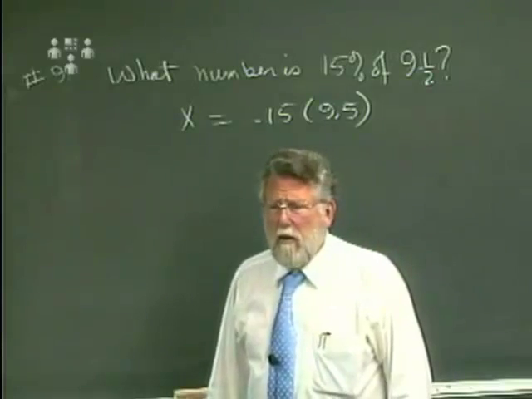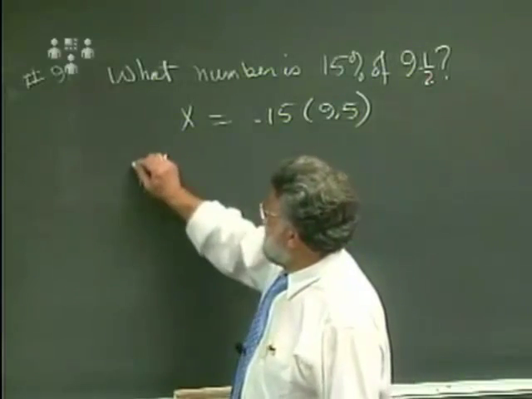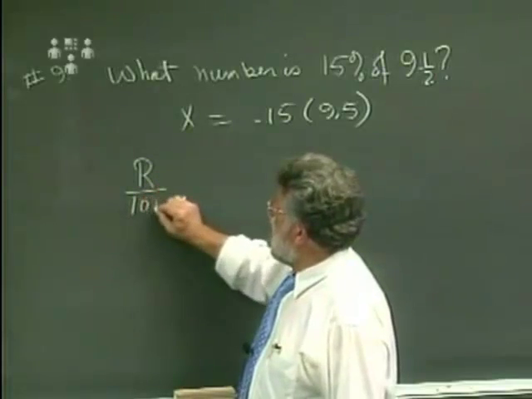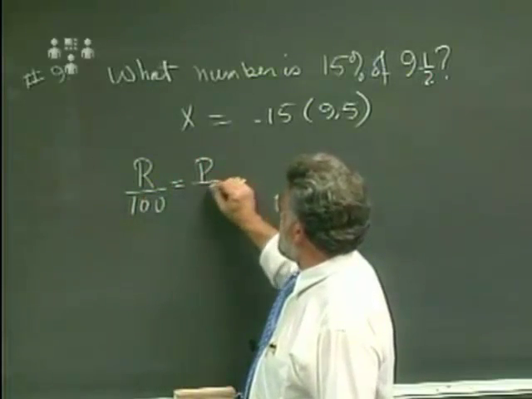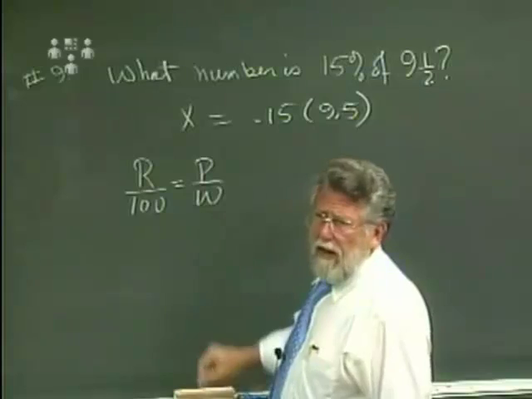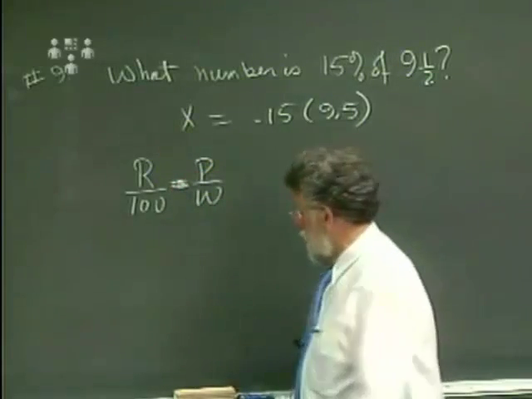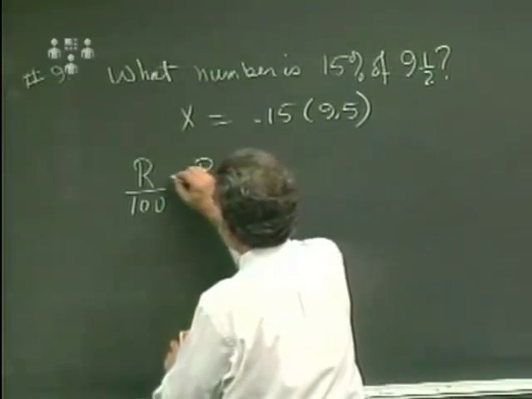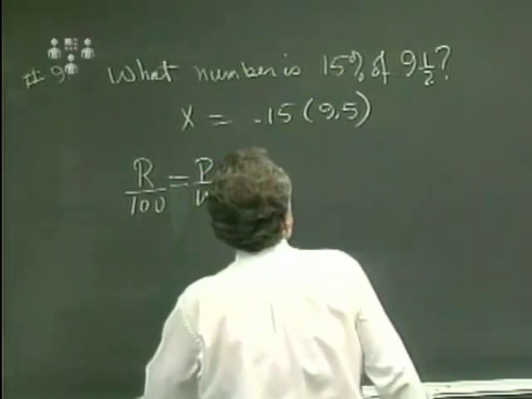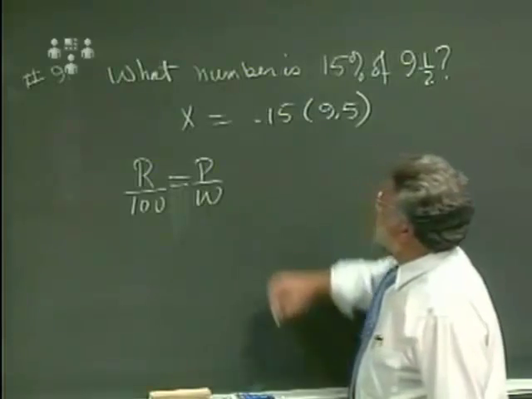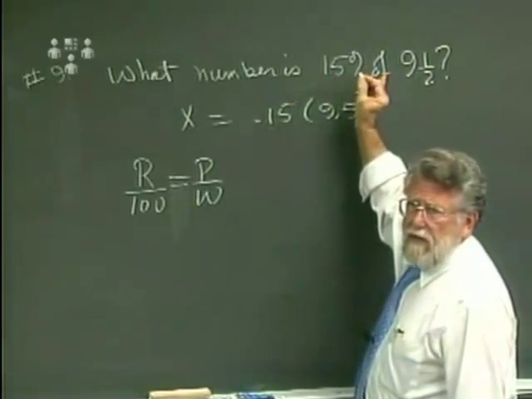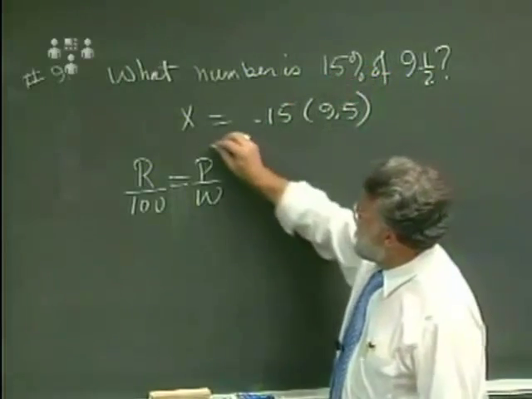If I go to what we just wrote on the board, that R over 100 is equal to P over W, then all I have to do is look at this statement up here, and I think this is a little bit harder to do. If I'm taking a percent of something, it's the part I don't know, correct?